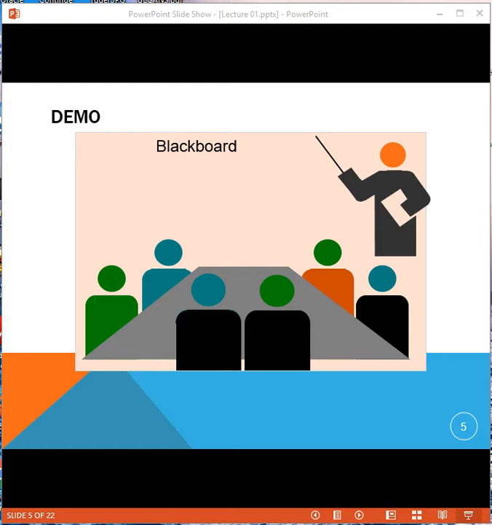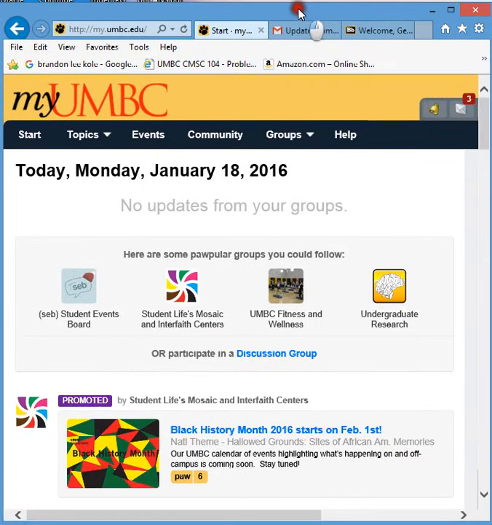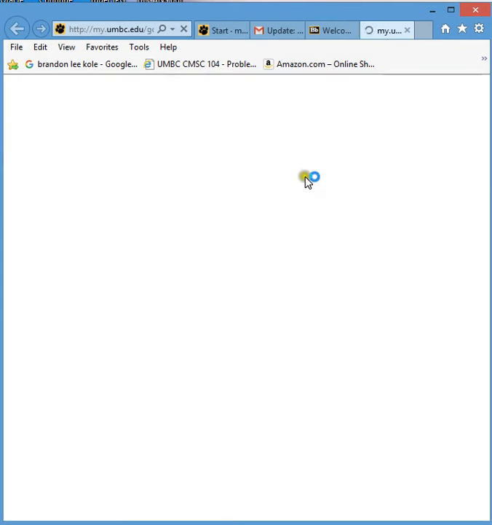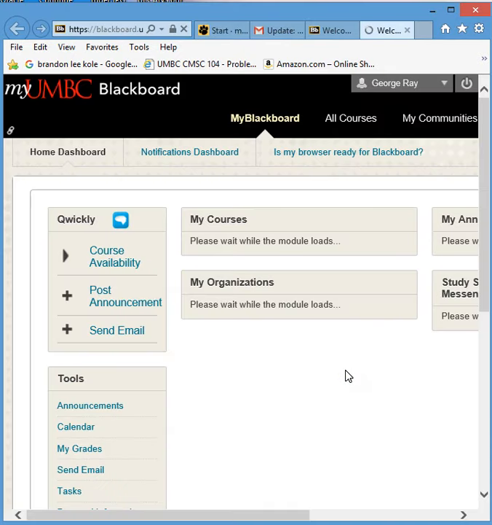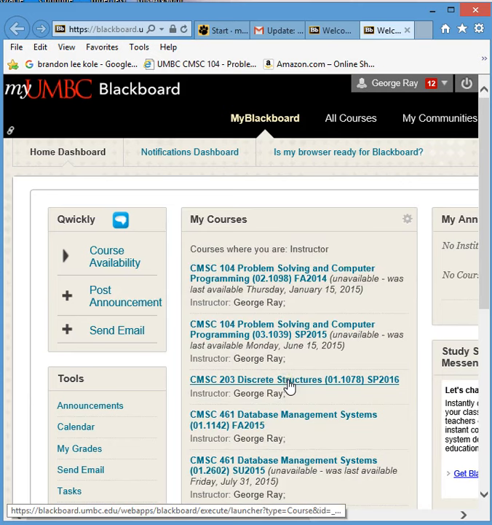And then once we've done that, we'll click on the Blackboard button. So here we are at my UMBC. I've logged in. I'll click on Blackboard, and I'll select the particular course, Discrete Structures.